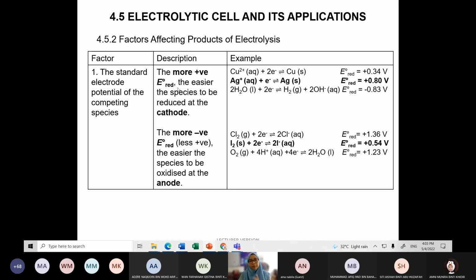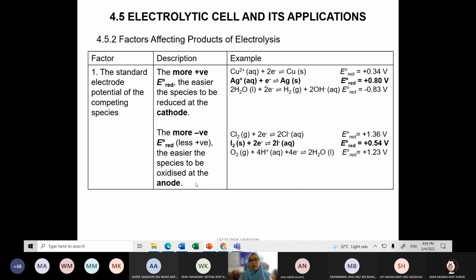The more positive will be easier to be reduced at the cathode. As for the anode, we choose the E0 reduction that is more negative or less positive, because it will be easier to be oxidized at the anode.